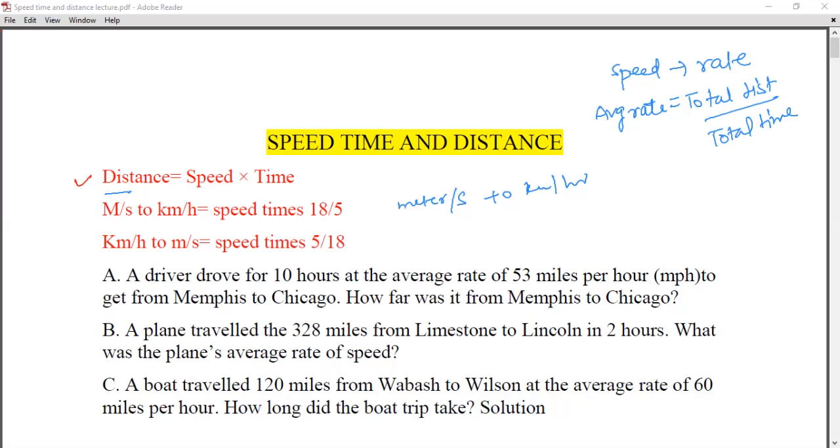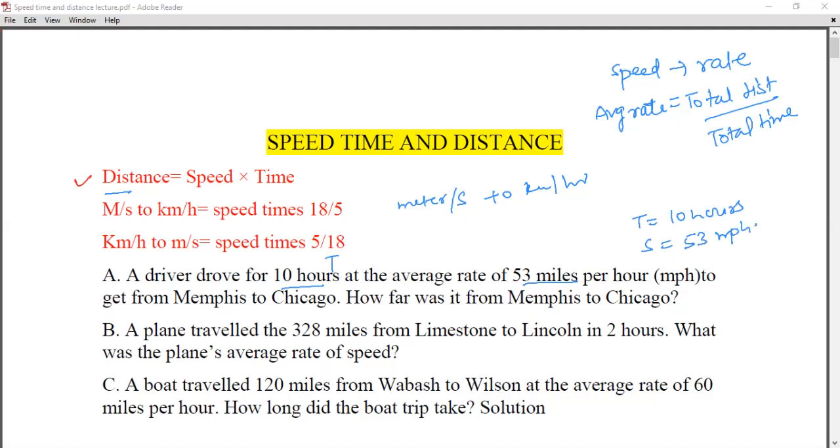So here are some questions to start with. A driver drove for 10 hours at the average rate of 53 miles per hour to get from Memphis to Chicago. How far was it from Memphis to Chicago? Here, the time is 10 hours and the speed is 53 miles per hour.